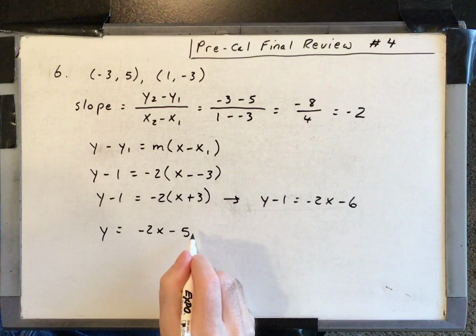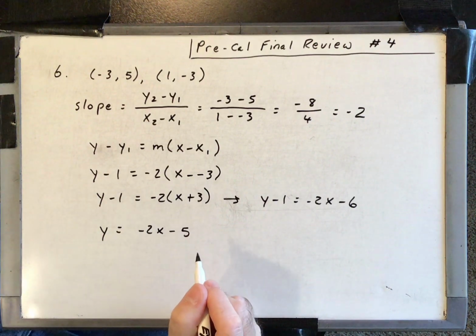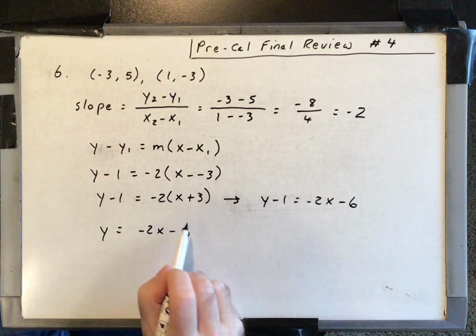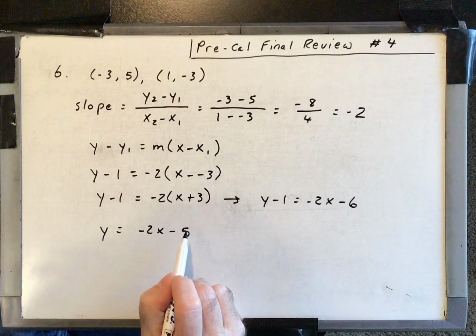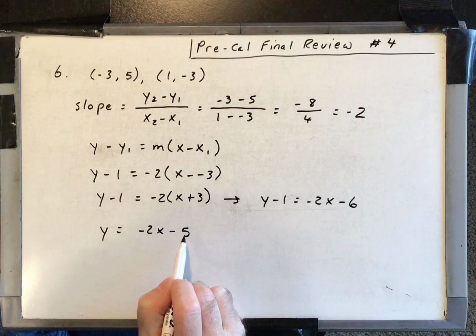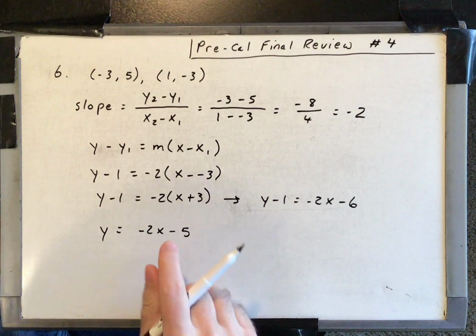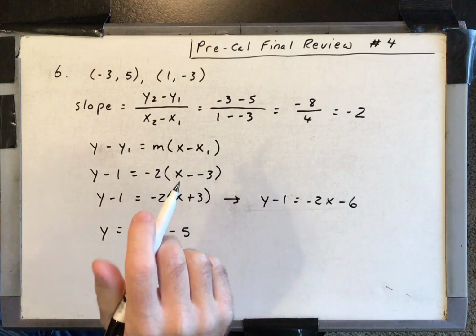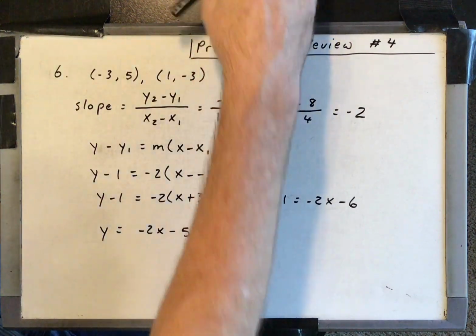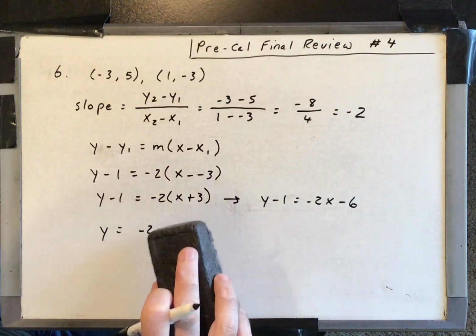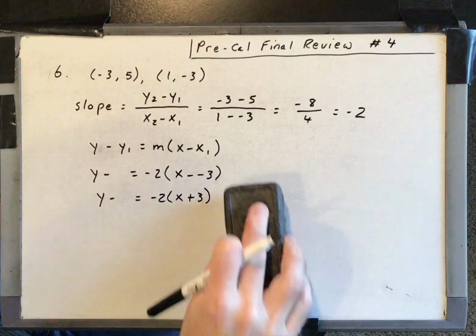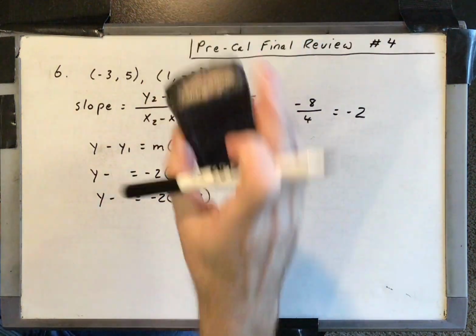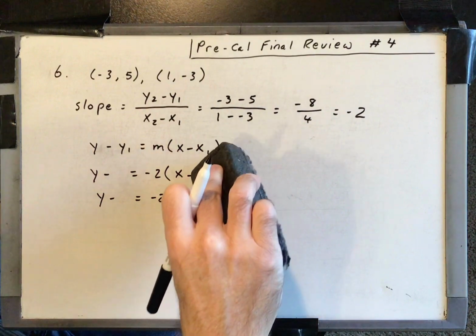All right, so that is one equation for the line. Let's see, I did that one wrong. Let's erase that. It's not 1. I apologize for the mistake.